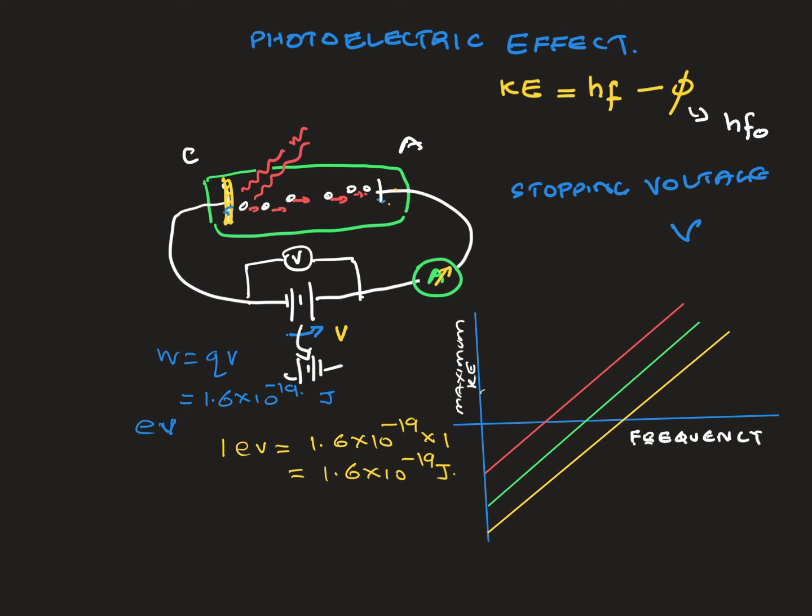We have three different metals, red, green, and yellow. On the x-axis we have frequency, and on the y-axis the maximum kinetic energy. For red, at a particular frequency, you see that the kinetic energy is 0. That's the threshold frequency for red, and this is the threshold frequency for green, and that's for yellow. Anything more than that will provide more energy for the electrons.